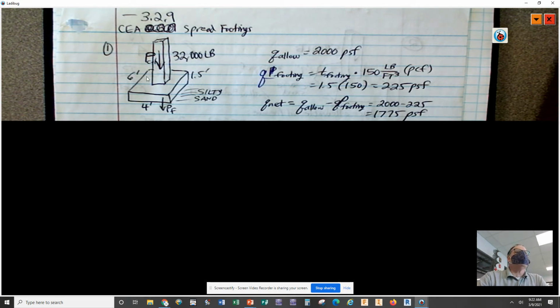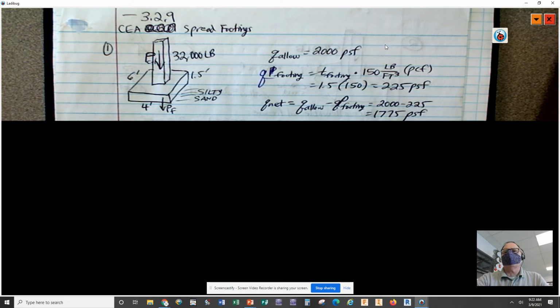So I draw a picture of the 6x4 foot pad, the column coming down with 32,000 pounds coming down on it. We're sitting on silty sand, and we know that the pad is 1.5 feet thick. So we've already established from the table in your PowerPoint that the silty sand will allow a Q allowable, or soil bearing pressure allowable, of 2,000 pounds per square foot.